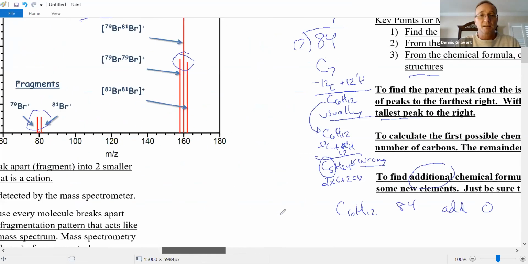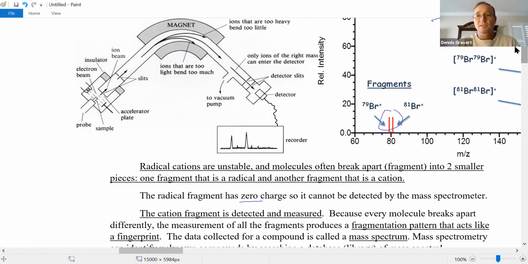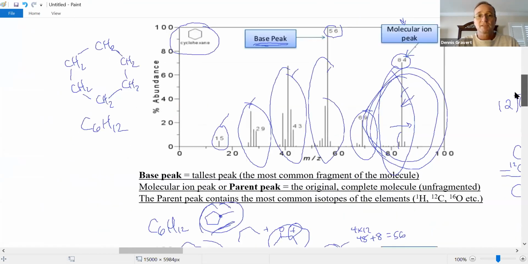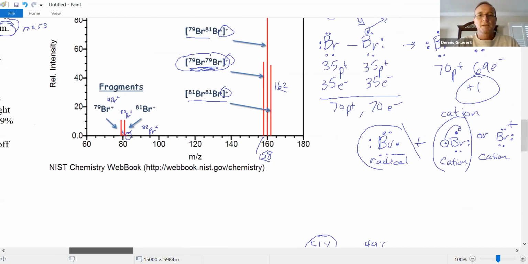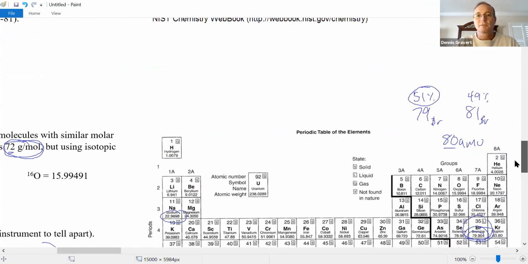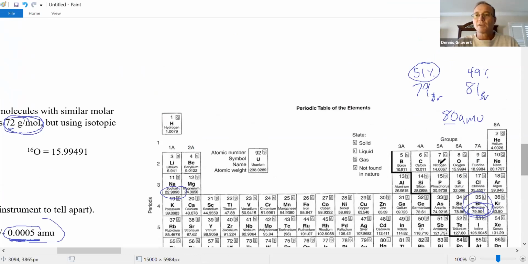Well, let's go to the periodic table. Where's the periodic table? There it is. Oxygen, where are you? You're over here on the upper right. The atomic mass unit, the average of all the isotopes, is 15.9994.